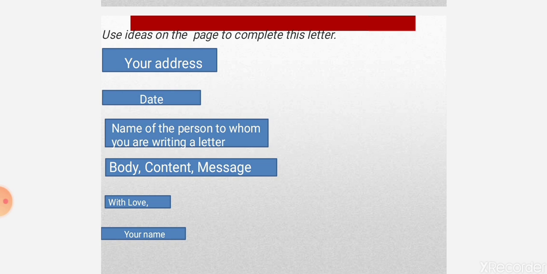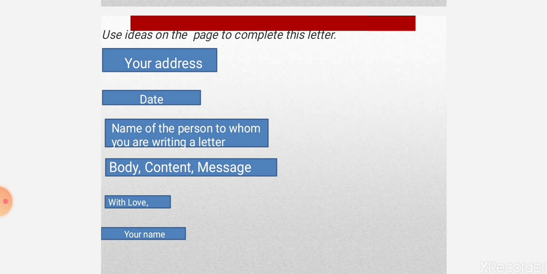By making pen friends, you can do very good practice of informal letters with your friends, about any memory, any incident which you want to share with your friend. There are so many things which we want to share with our friends.